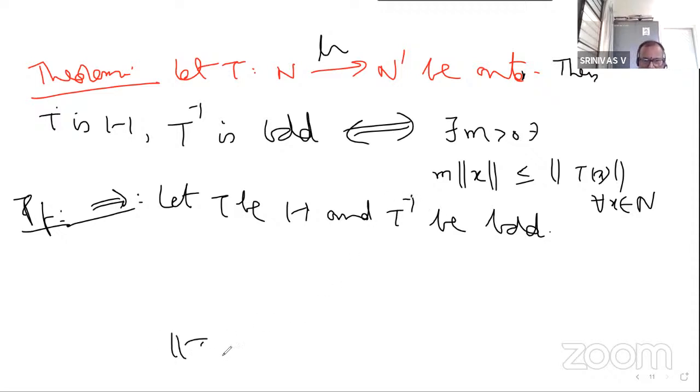Previously we said norm T of x is less than or equal to m into norm x, and this is true for some such m.